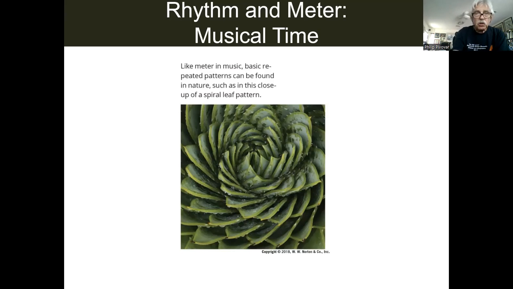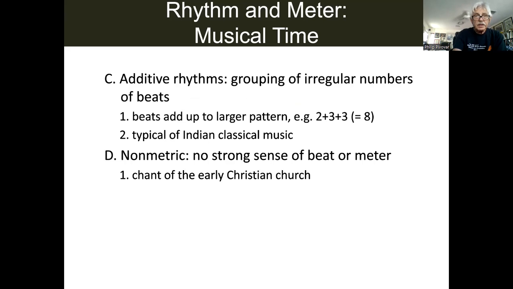Anyway, if you don't know about Fibonacci, you should find out about him. Usually in the math books, in the glossary, they have information about Fibonacci. He has a mathematical explanation of this spiral, and it is found in nature, many examples of it.